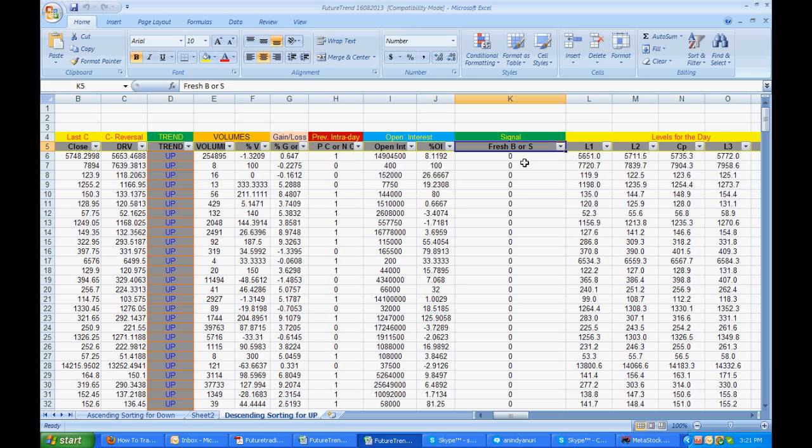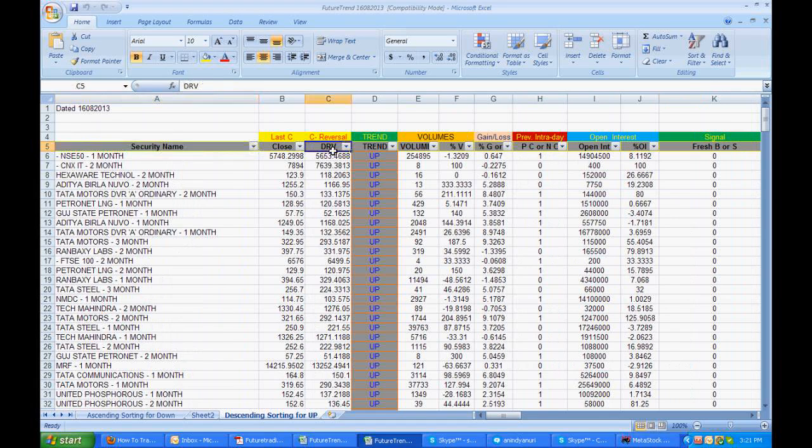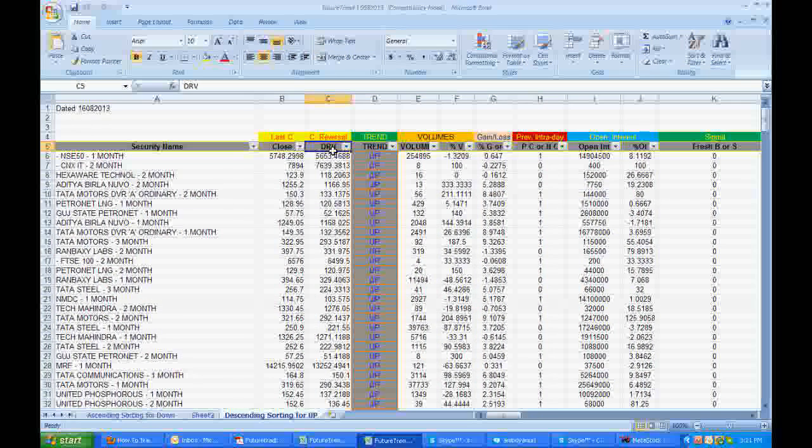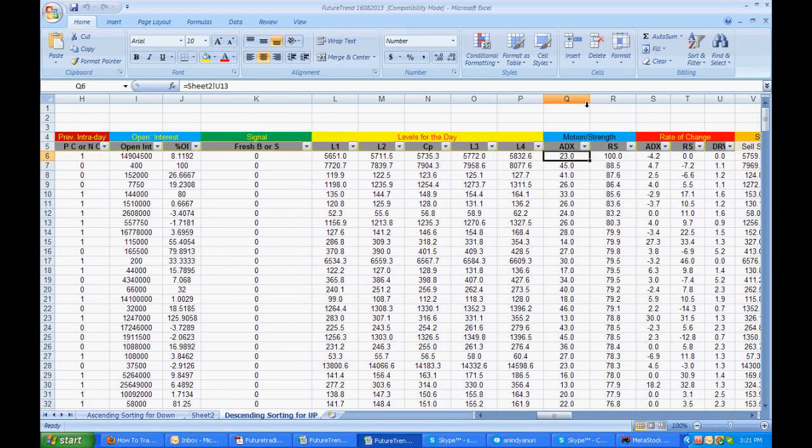Up till now we have done the sorting, and then we'll proceed to advanced sorting. Before going further, I'll tell you one point. Levels we'll discuss later, it is not required now. We are talking about motion and strength.